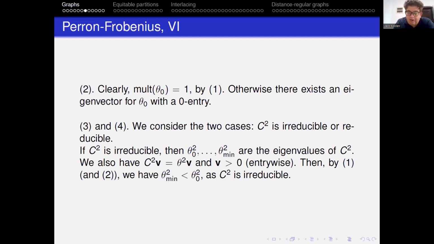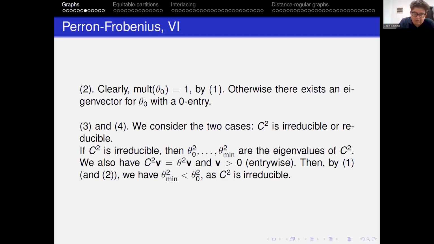And then by parts 1 and 2, we see that theta min squared must be smaller than theta 0 squared, because theta 0 squared has multiplicity 1. Therefore, we get that theta min is really greater than minus theta 0. So that is the case when C squared is irreducible.